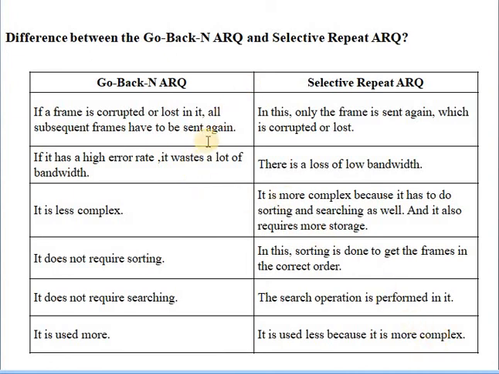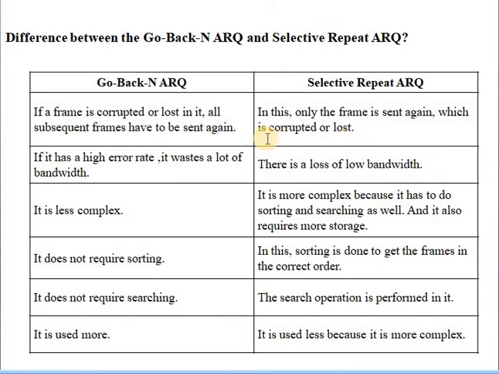This is Go Back N and selective repeat ARQ. Both are sliding window protocols. In Go Back N, if a frame is lost or corrupted, all frames are retransmitted. But in selective repeat ARQ, the main difference is that only the frame which is corrupted or lost is sent again.